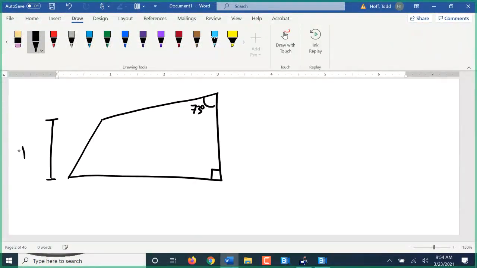I'm going to tell you this is 122 feet, 200 feet, and this is 170 feet. I want to find this dimension, x here, the length of this side.